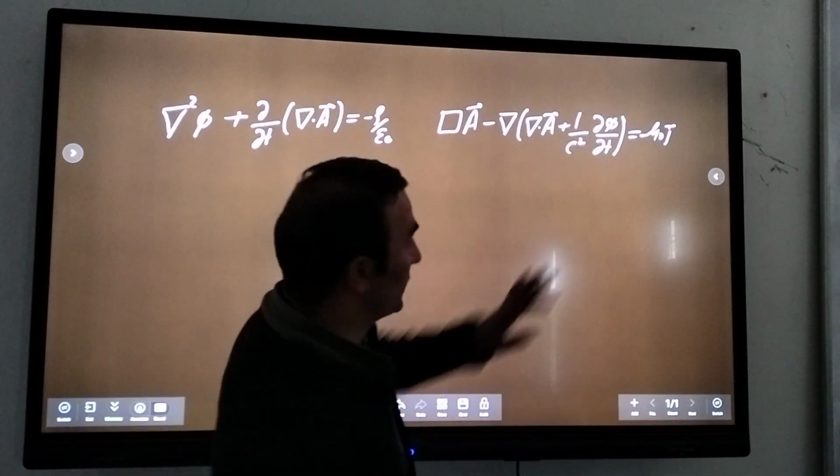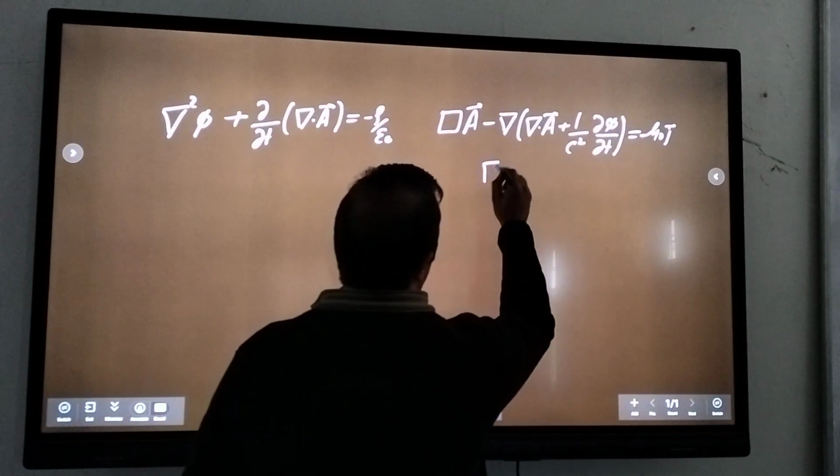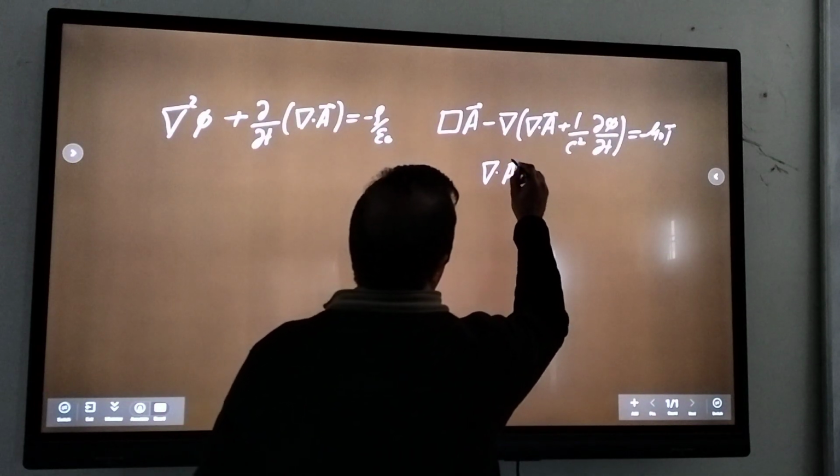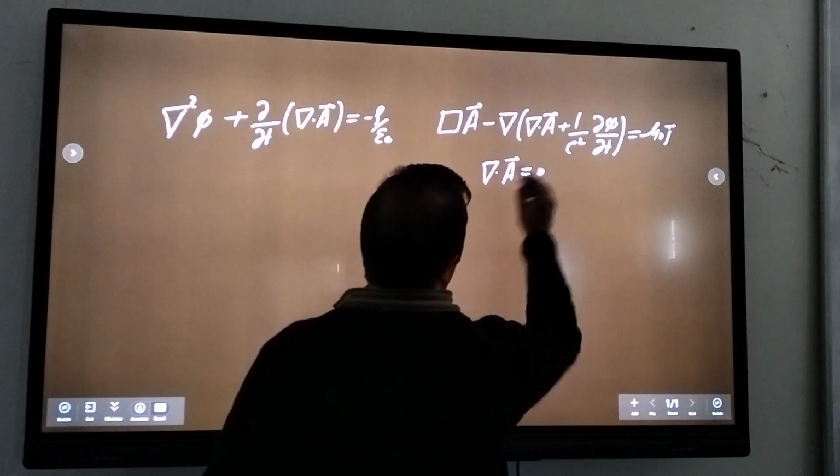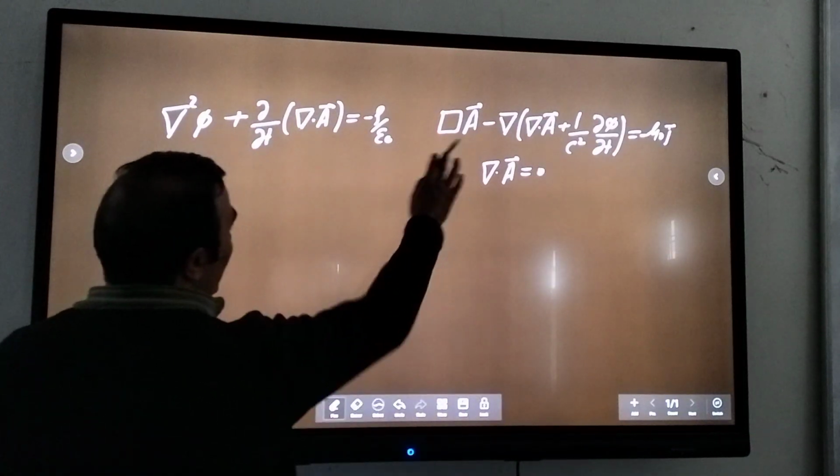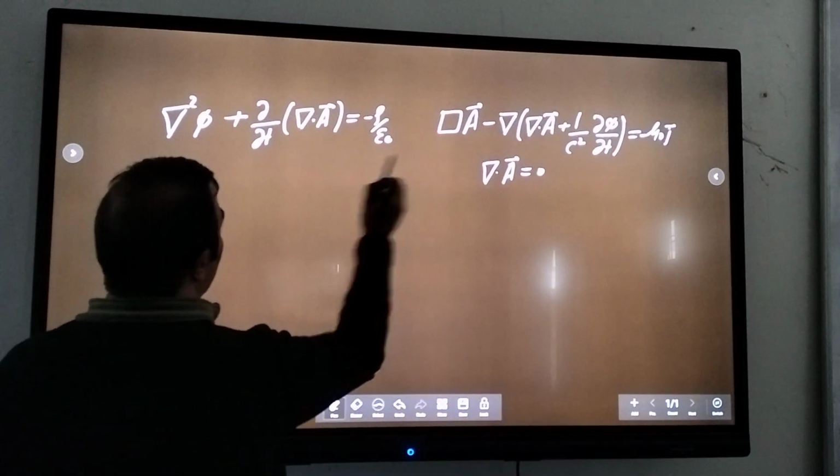Let us impose the condition that nabla dot A should be equal to 0, right? So we can rewrite the second differential equation.